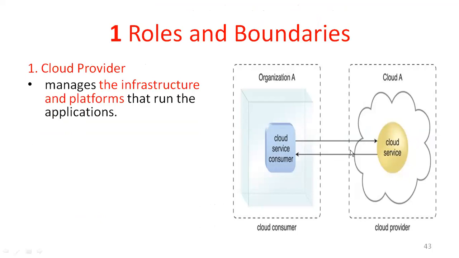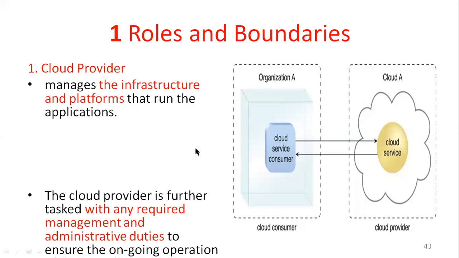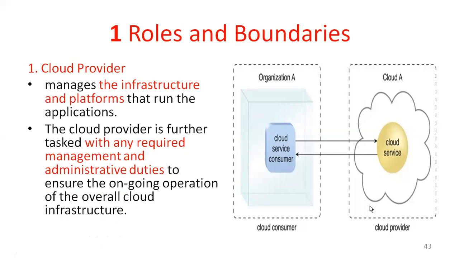The cloud provider manages the infrastructure as well as the platform that runs the application, that means you are running the application on the server. The cloud provider always manages the infrastructure. The cloud provider is further tasked with any required management and administrative duties.